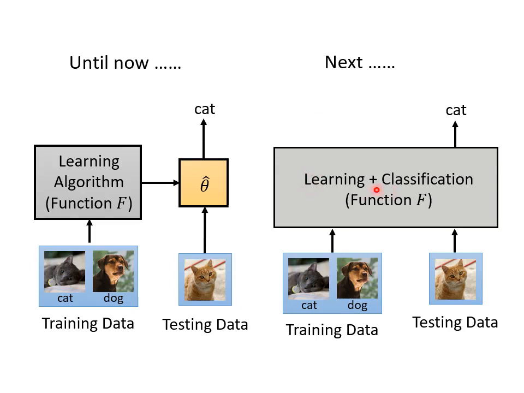You can consider within-training and within-testing as a whole. You can have a function that takes training data as input, testing data as input, and directly obtains the classification result. The model does not even generate the parameter. It directly outputs the classification result. In the next part of this tutorial, we will tell you how to do that.